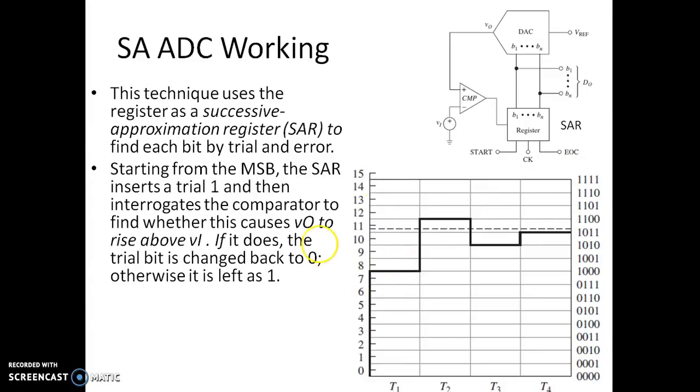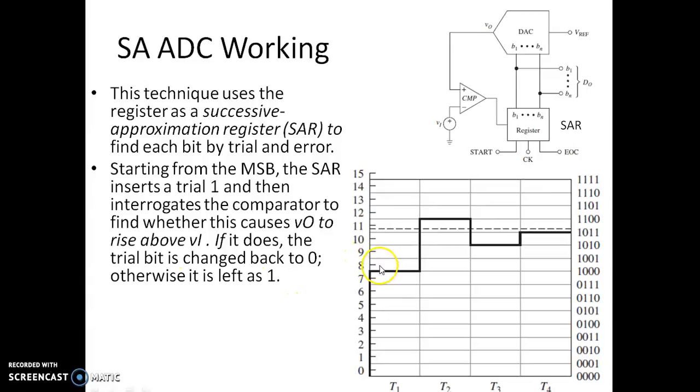So when do we retain that MSB as 1? MSB will be retained as 1 if that V naught of the DAC is less than Vin. So you can see this causes V naught to rise above Vi. If it does, then the trial bit is changed back to 0. Otherwise, it is left at 1.